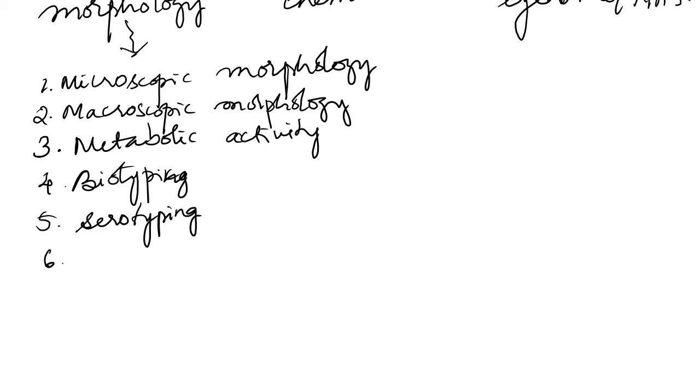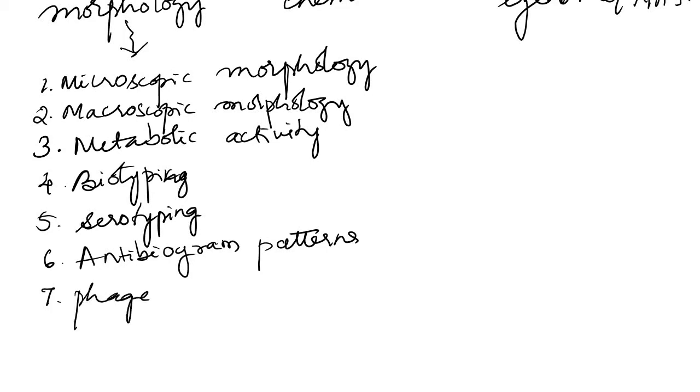Number six, antibiogram patterns. Number seven, and the last, phage typing. So let us see one by one what these are in detail.